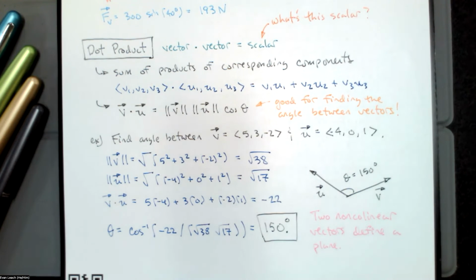Two non-collinear vectors will define a plane. We're just taking a top-down view of that plane.